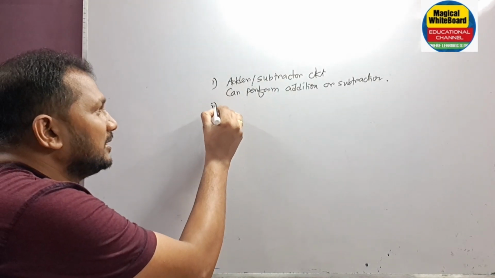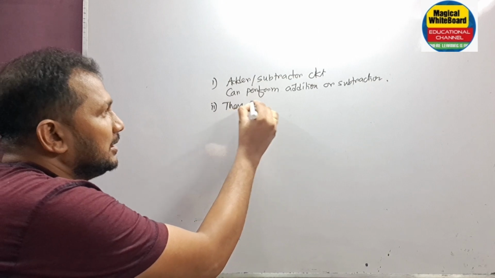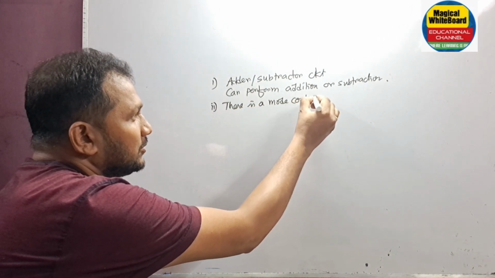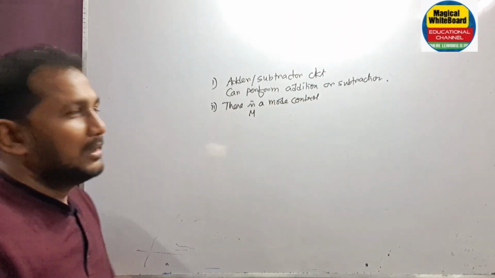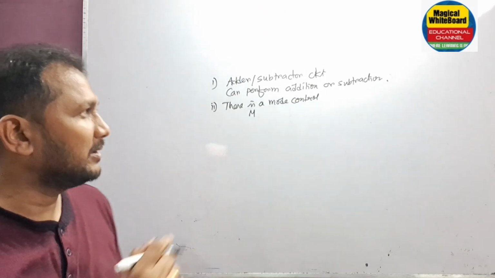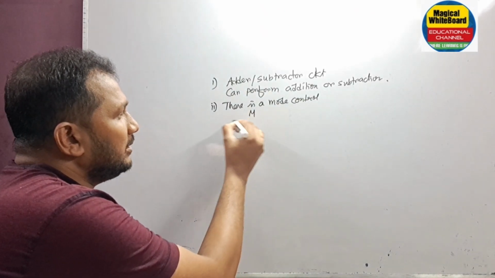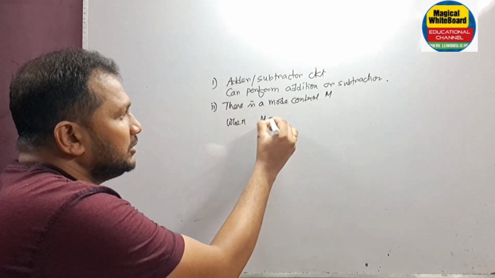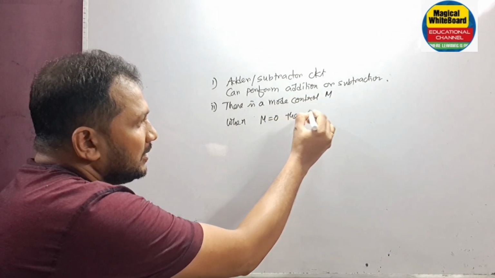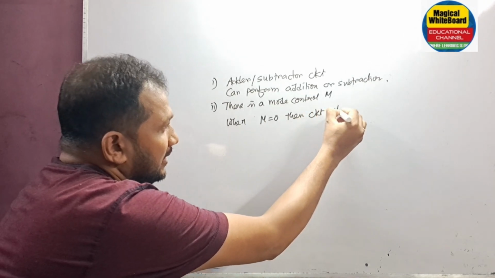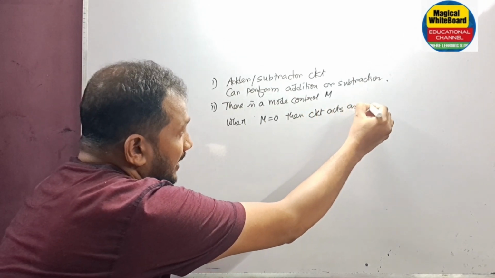Second point is there is a mode control, capital M. We can name it as capital M, N, whatever. M for mode. When M equal to 0, then the circuit acts as an adder.